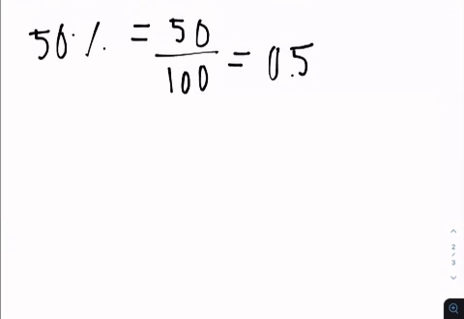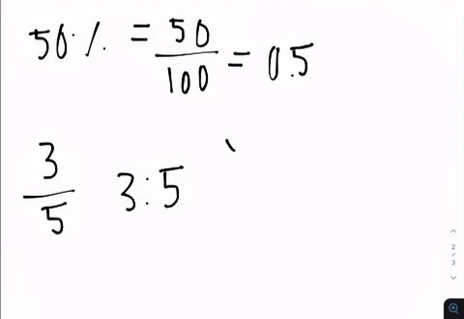Finally, the last form to write a fraction in can be a ratio. A ratio is a way of expressing the relationship between two quantities, but instead of being written as a numerator over a denominator like this, it's just a colon between the two values.